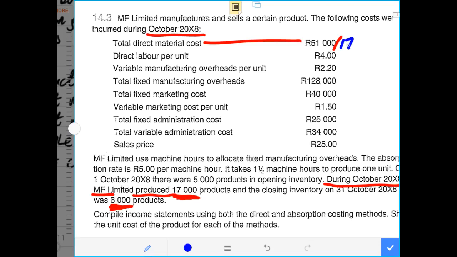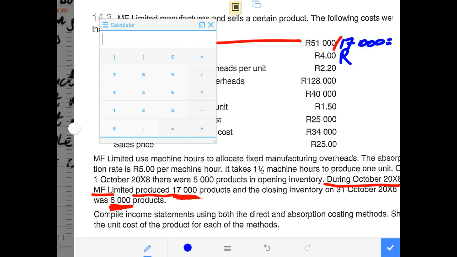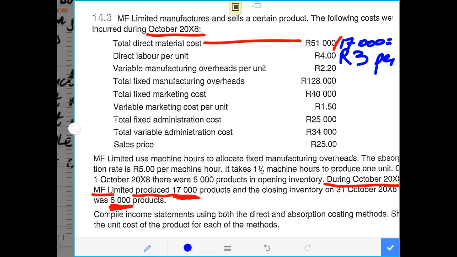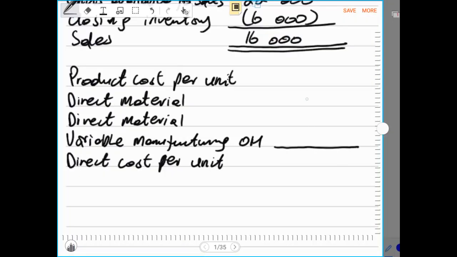That is why we divide by the production, because the 51,000 rands was incurred in order to manufacture 17,000 units. Therefore, we need to know how much is the cost for each unit in terms of the direct material. Then we say 51,000 rands divided by 17,000 units that were manufactured, and this will give us 3 rand per direct material. Then that 3 rand will be our direct material cost that will be recorded as the cost per unit.